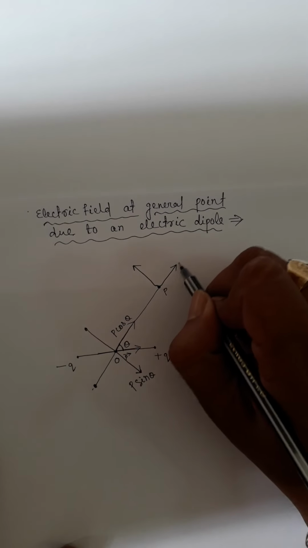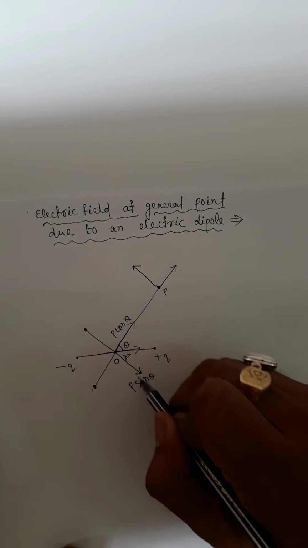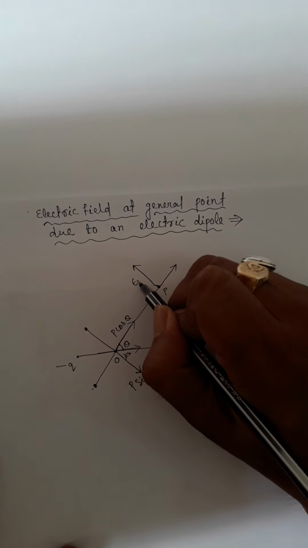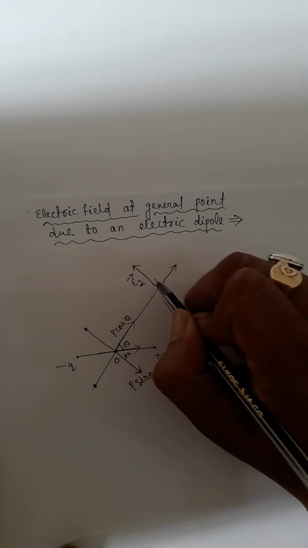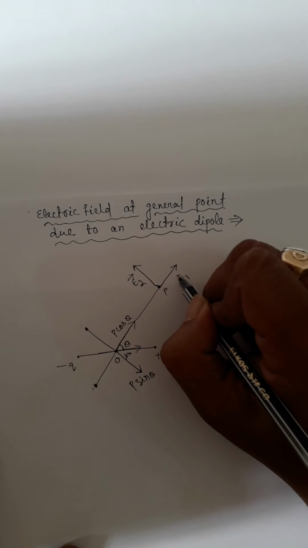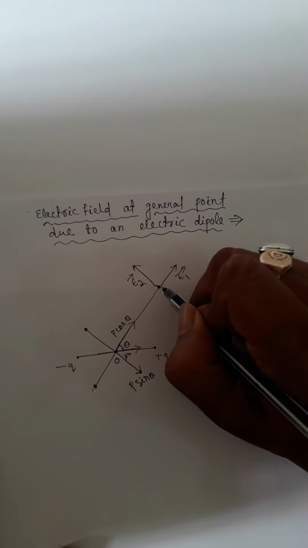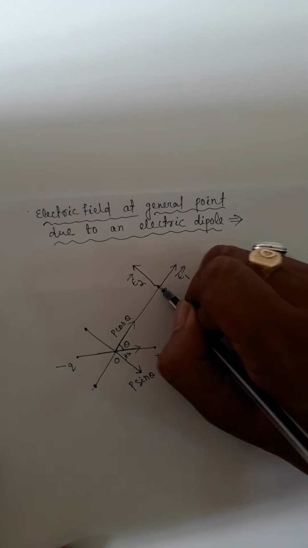So this is the direction for the axial line, and if this is the equatorial line of this axis, then the direction of the electric field will be opposite to the direction of the electric dipole, and this will be the direction. This is the E1 vector, this is the E2 vector, and we have to calculate the resultant electric field intensity at this point P.